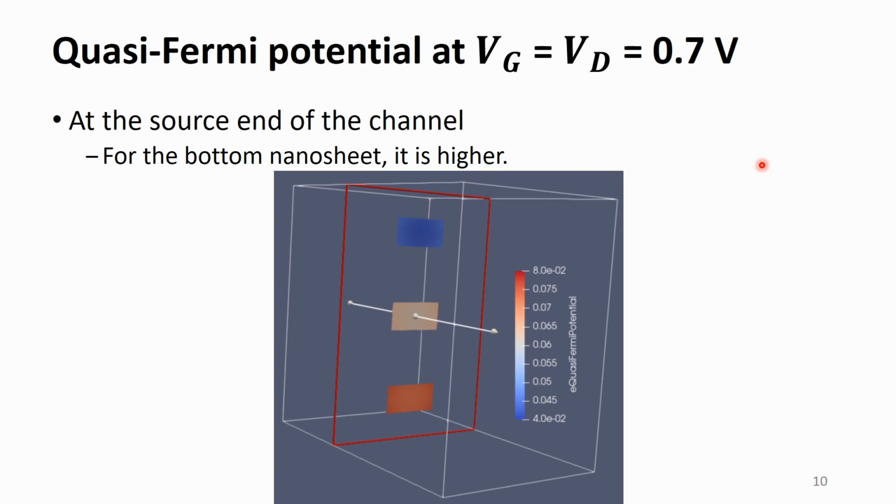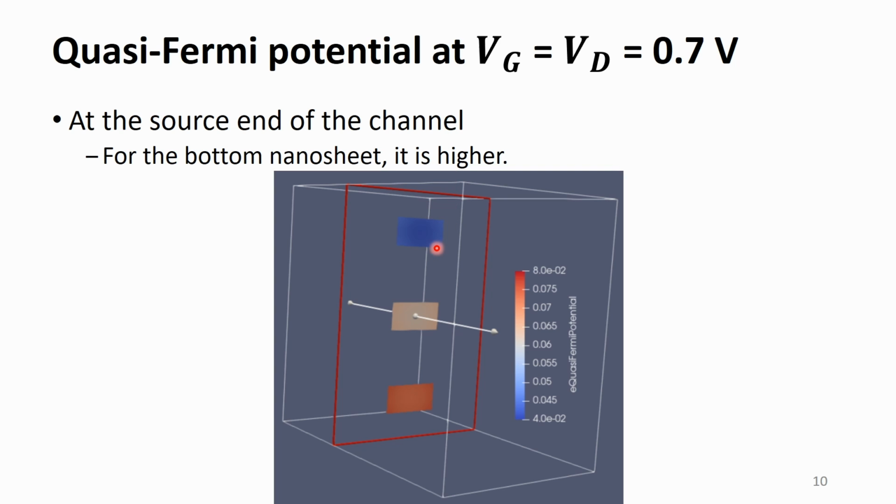At the on-current condition, the electron quasi-Fermi potential is drawn. A two-dimensional cut plane is introduced at the source end of the channel. This quantity corresponds to the source potential.